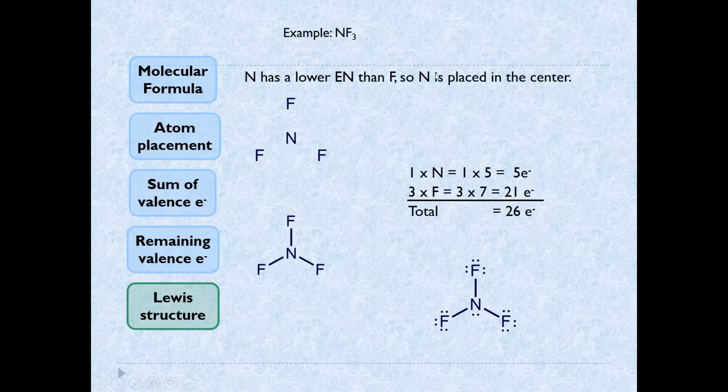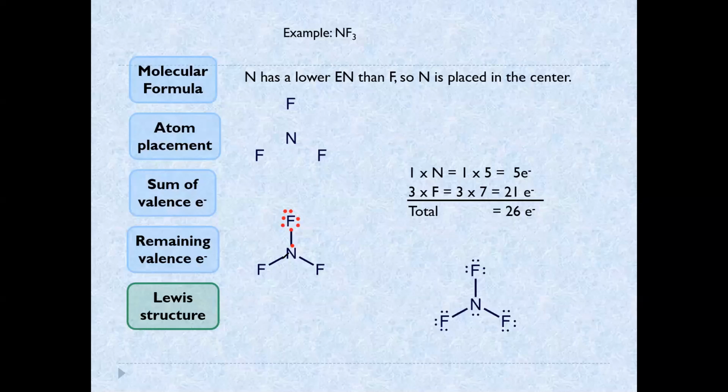So what we do now, from the rule, it says that we should give the electron pairs to the terminal atoms to make every one of them an octet. So let's start from the terminal atoms. Fluorine is already 1, 2, 3, 4, 5, 6, 7, 8.